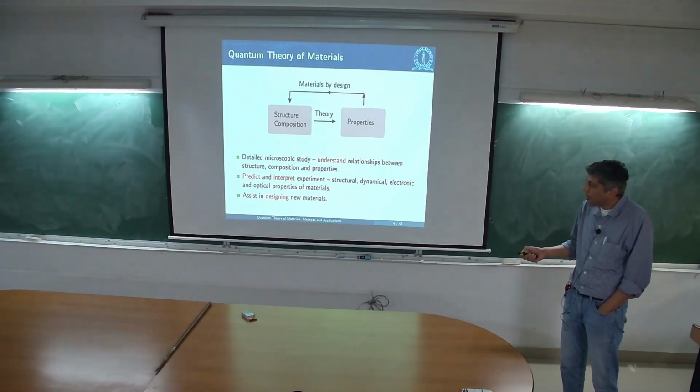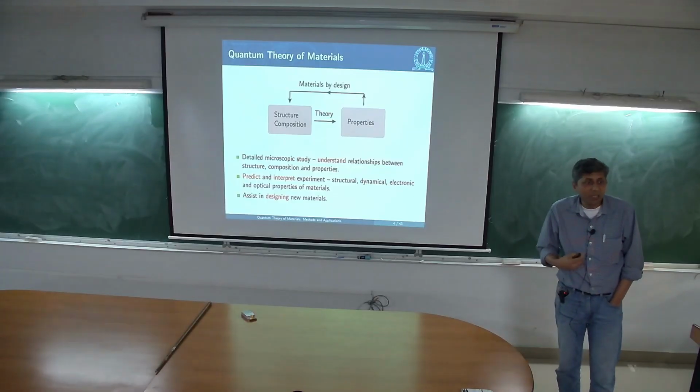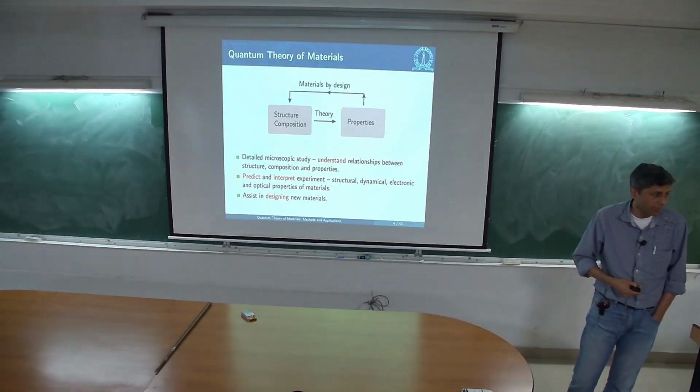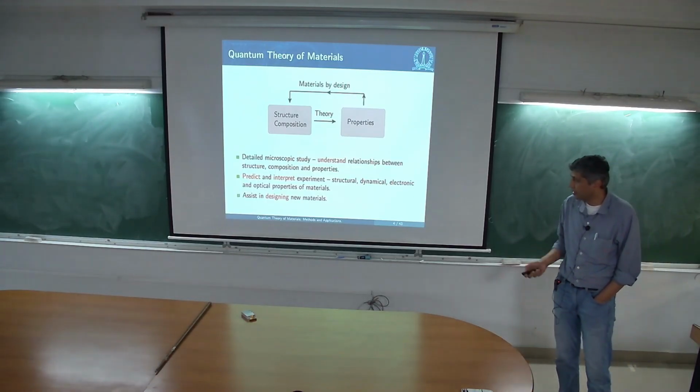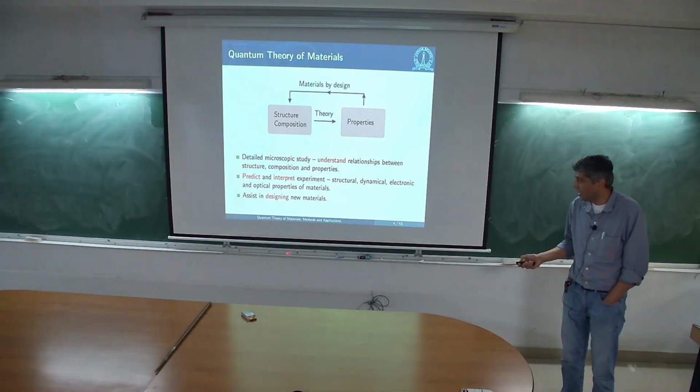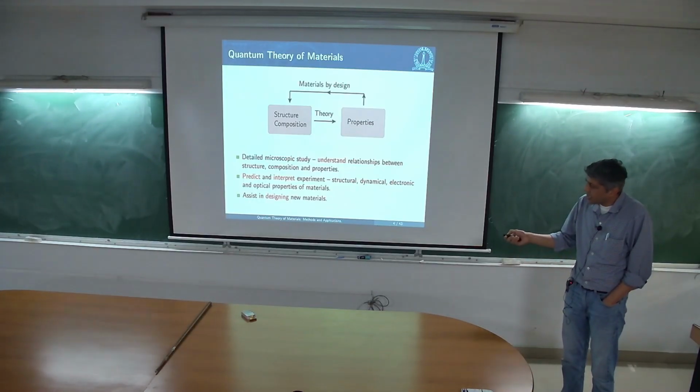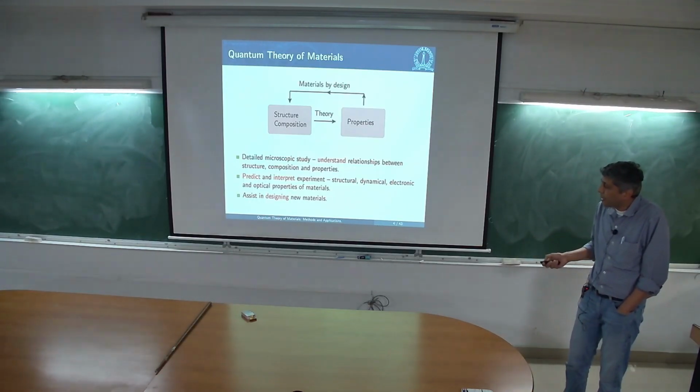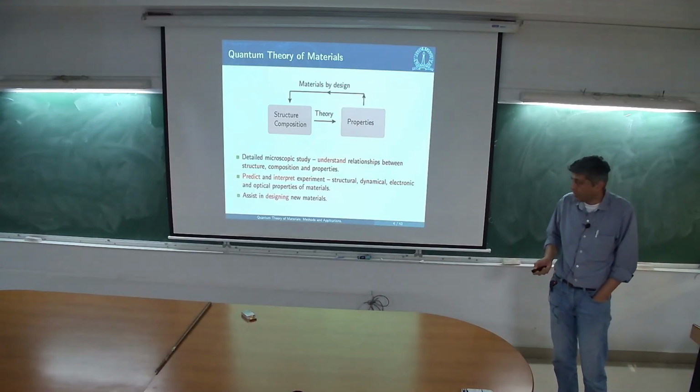And perhaps more importantly, we would also like to be able to predict and interpret experiments that are done on these materials by many of our colleagues who do experiments. And experiments can be on the structural properties, dynamical properties, electronic properties and optical properties of these materials.